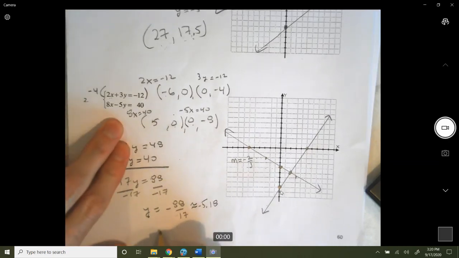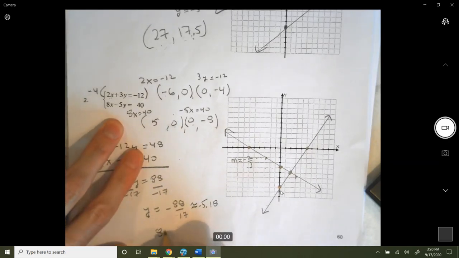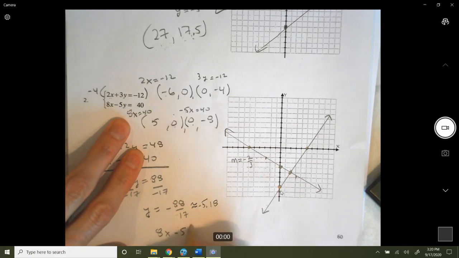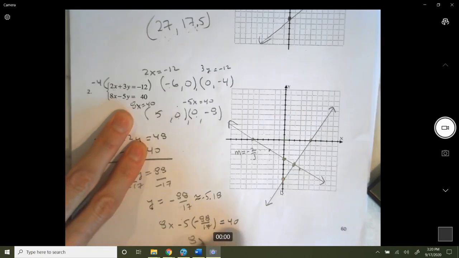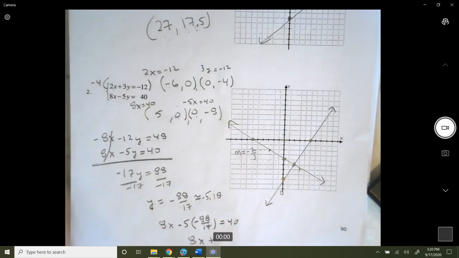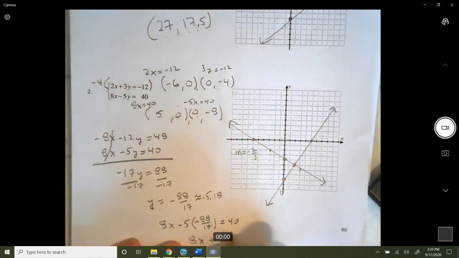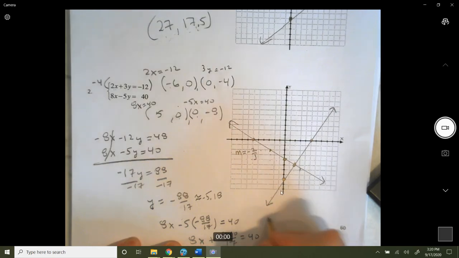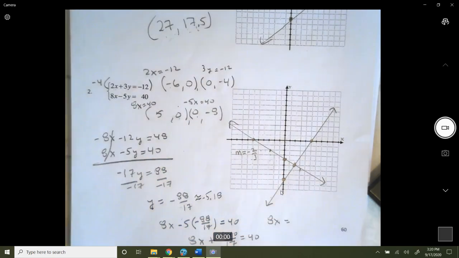And we can plug this into the second equation. 8x minus 5 times negative 88 over 17 equals 40. So 8x plus 5 times 88. So 440 over 17 equals 40. So 8x equals, we'll do 40 minus 440 divided by 17.